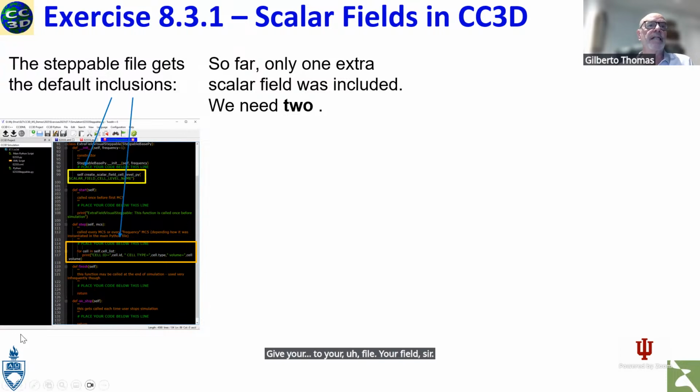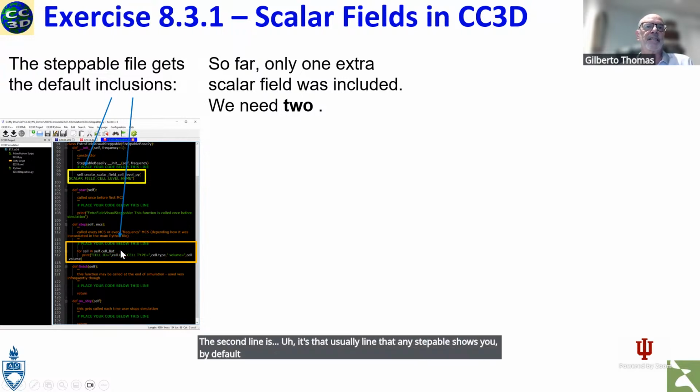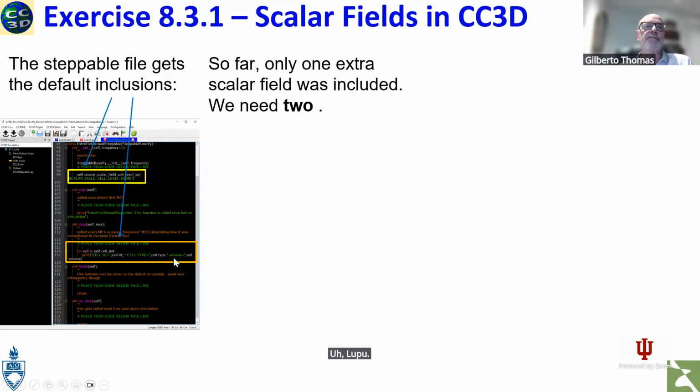The second line is that usual line that any Steppable shows you by default, which is a loop to print the cell volume and cell type. Okay, but now you have to put something else.